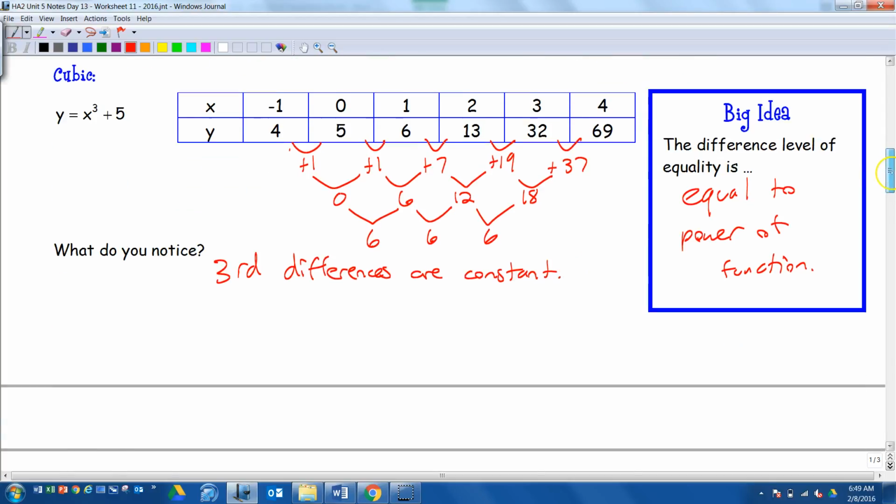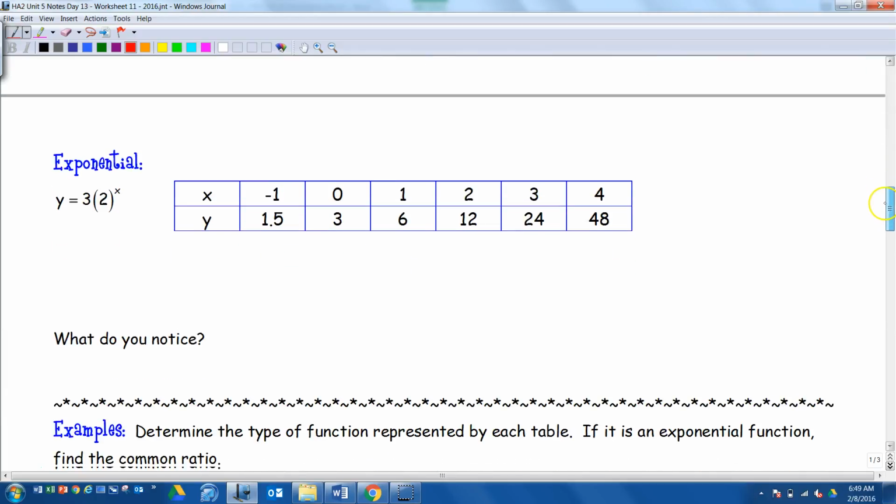Now we're going to look at exponential and what happens. So an exponential function, again, we have an evenly spaced top, but the common differences don't happen here. With an exponential, you have to look at multiplication. 1.5 to 3 is times 2, times 2, times 2, times 2, and times 2.